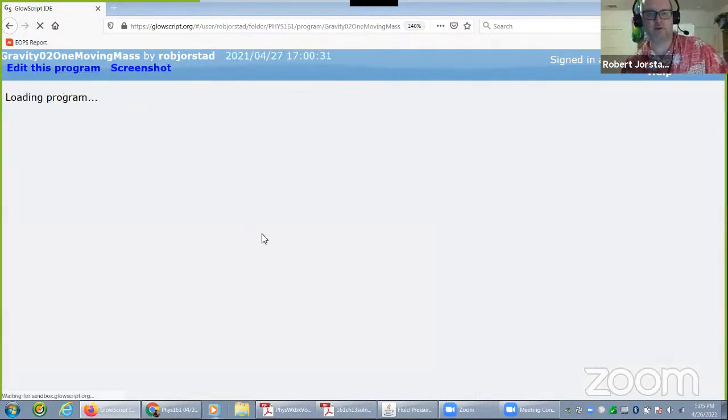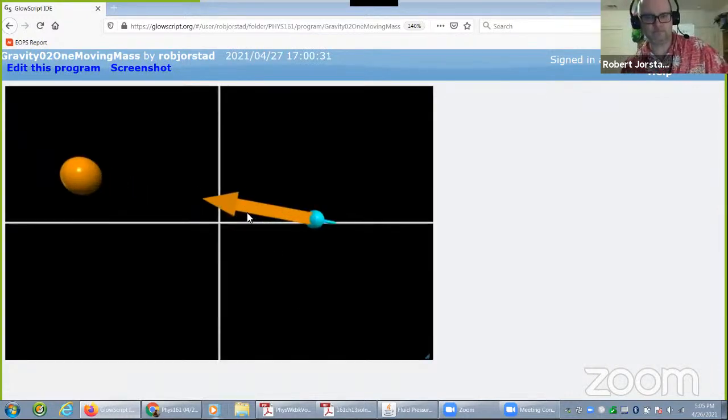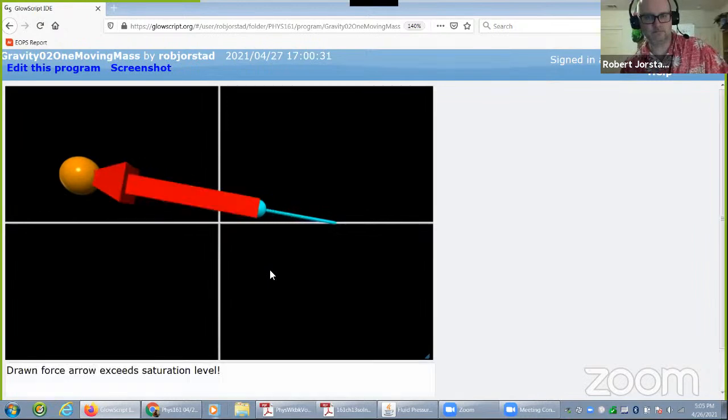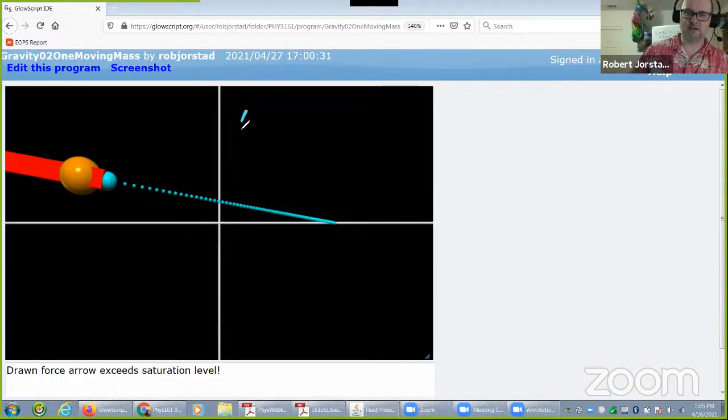But when I run this one, the red arrow just means it hit saturation level. It still drew the arrow, but it didn't keep growing. What do you think? Is this constant acceleration kinematics? Could I use the equation delta x equals 1/2 a t squared?